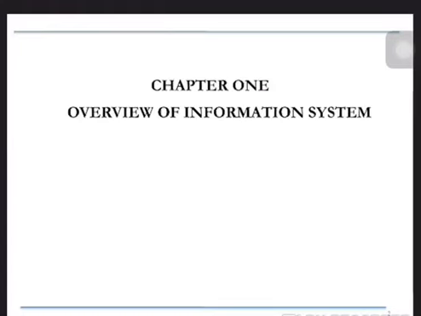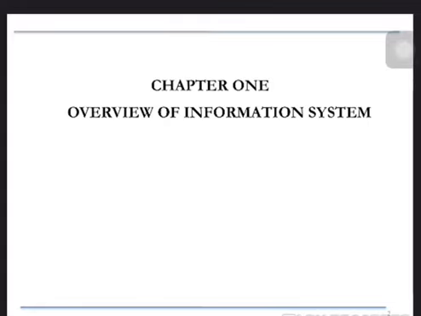In this chapter we'll try to see an overview of management information system, or we can say information system. There are alternative names for this course. The first one is management information system. Second, information system, and sometimes also information system for decision making, or IT for decision making.